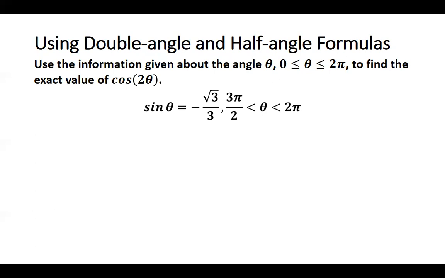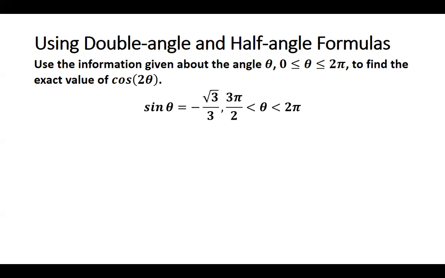So we want to find the exact value of cosine of 2 theta. The reason we need to know which quadrant it's in is because we need to determine what the values are going to be here. Now, it really should be pretty obvious, since sine is y over r, and r cannot be negative, that y has to be the negative value here.